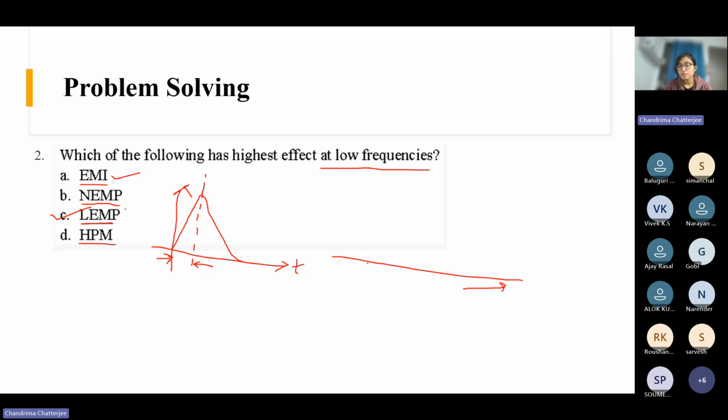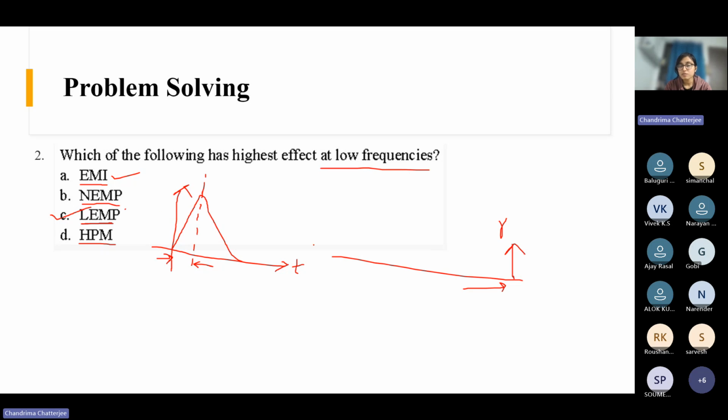LEMP comes towards the lower frequency range. And towards the higher frequency range, all these nuclear weapons, nuclear emissions come in the higher frequency band, obviously, because the gamma, nuclear fusion, fission, all these things occur at very high frequencies.